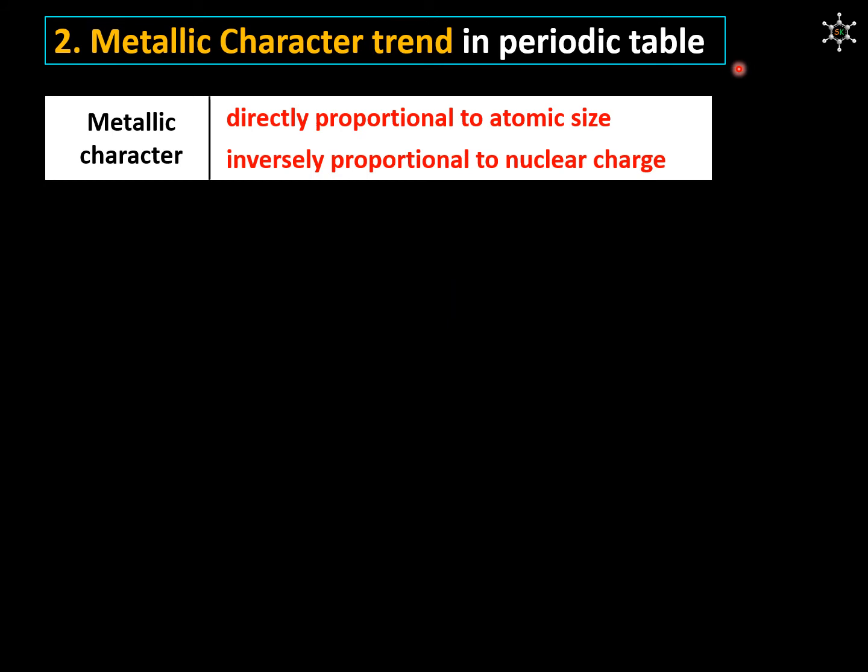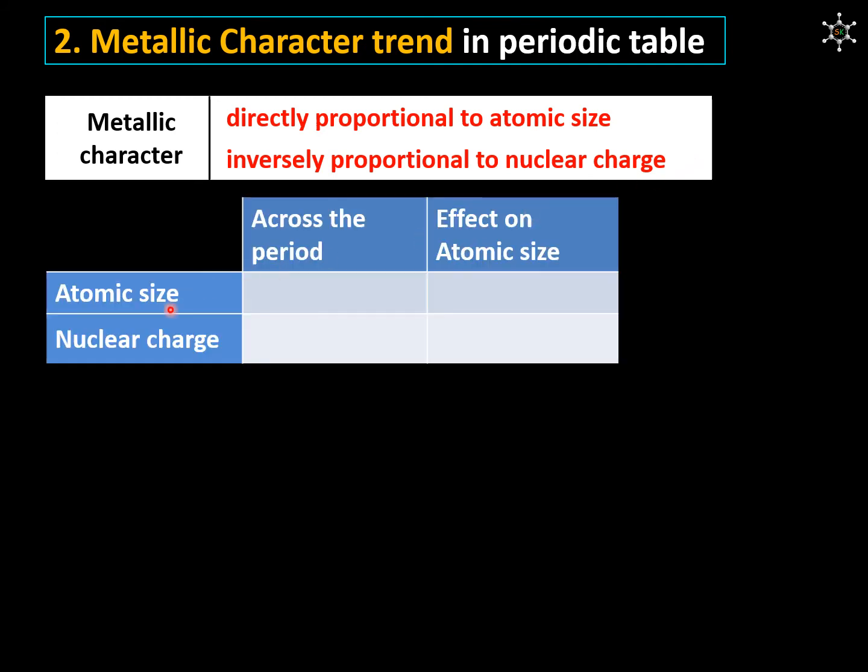Let us analyze the metallic character trend in the periodic table using these two pieces of information. Atomic size across the period decreases. Since atomic size is directly proportional to metallic character, metallic character is also expected to decrease across the period because of atomic size.